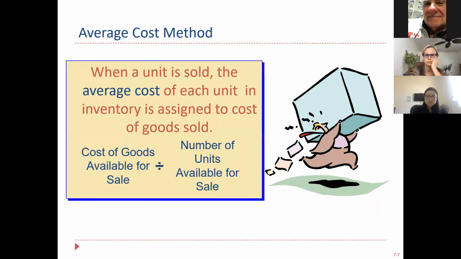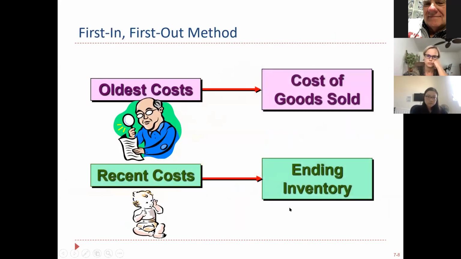Average cost. The average cost is used in this method. Cost of goods available divided by units available. That's that line, right? The subtotal. First in, first out. We are selling the old stuff first. And the more recent items are in the inventory, which is sort of like the physical flow, but not necessarily.